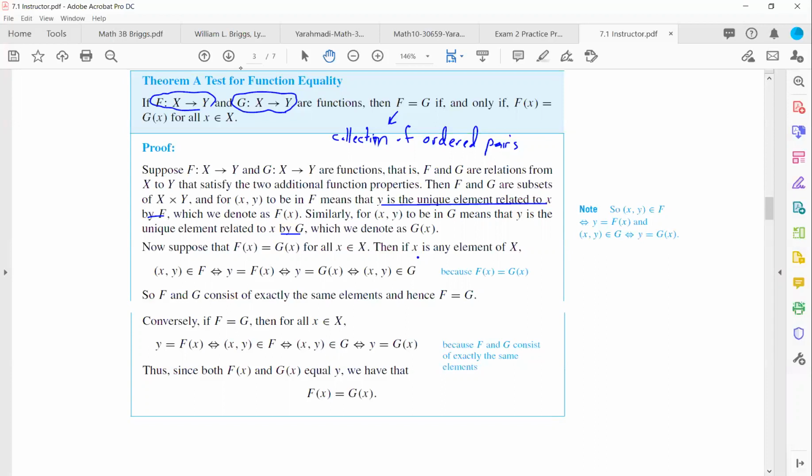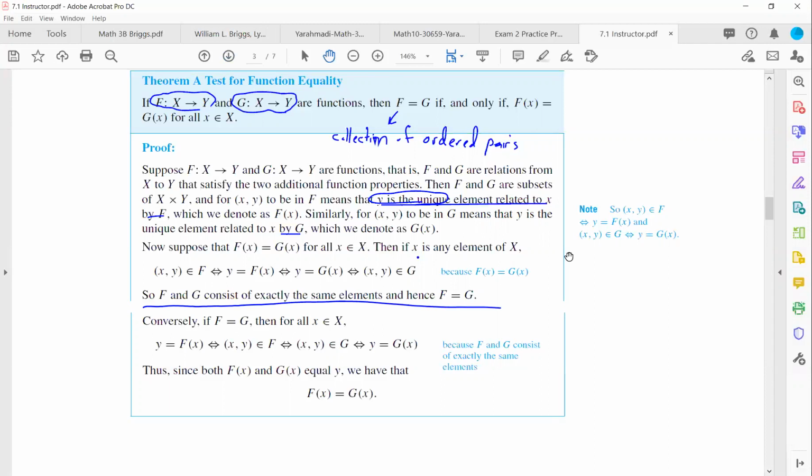At the same time, we know that y is a unique element, so this unique element must be equal to g of x by the explanation here. What's the meaning of that? It means that the point (x, y) belongs to g. So f and g as collections of ordered pairs consist of exactly the same elements, and therefore you can conclude that f is equal to g.